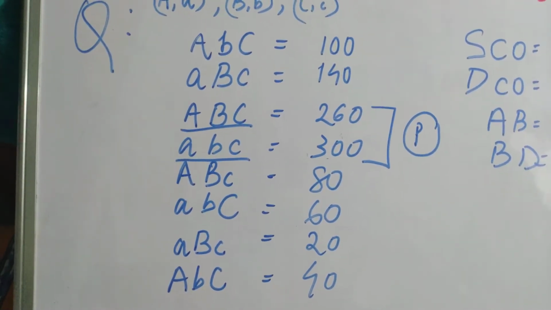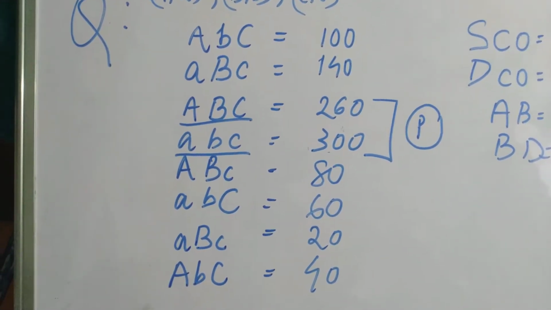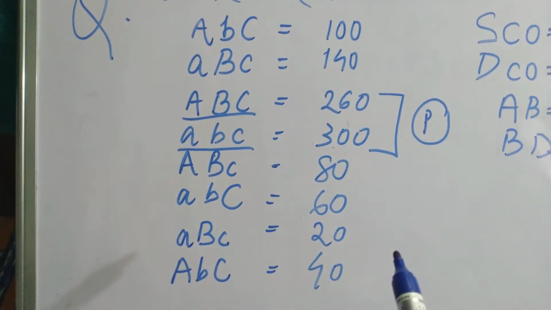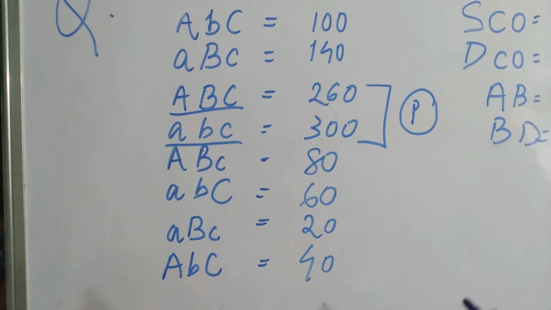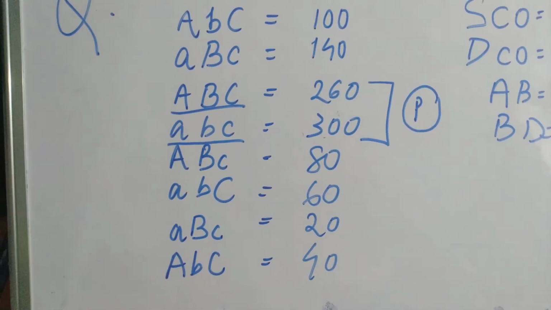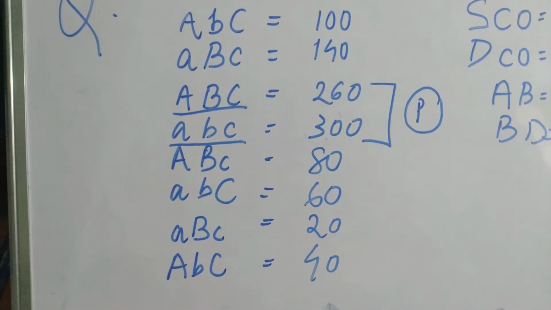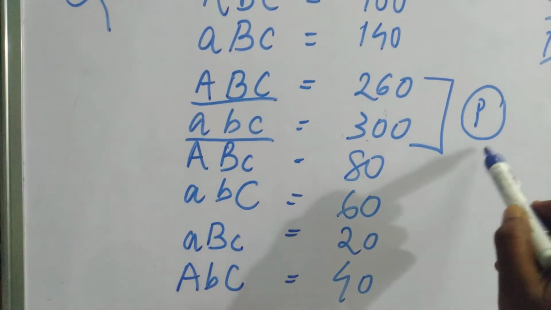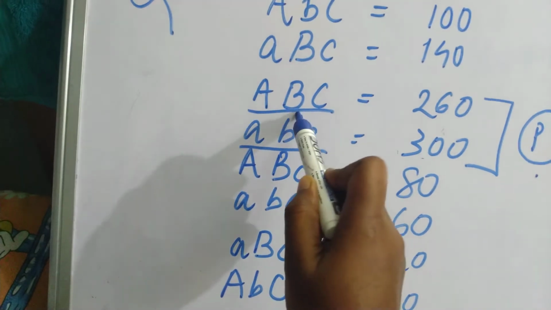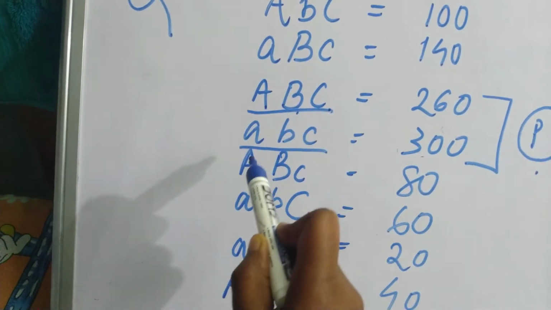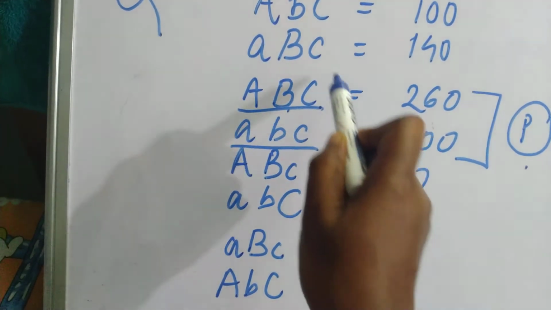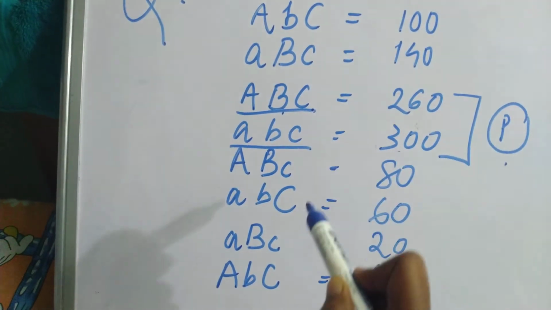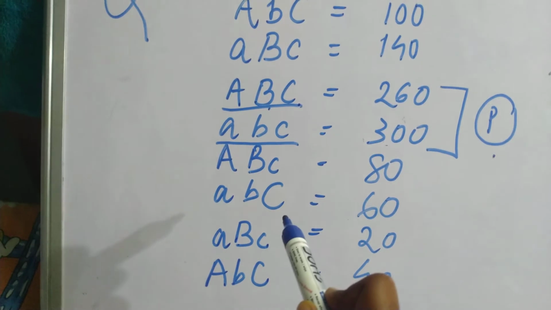You just need to identify which are the parents, which are single crossing over, which are double crossing over, and which are the nearest genes from your sequence. So if this is the parent, capital ABC and small abc is the parent sequence.